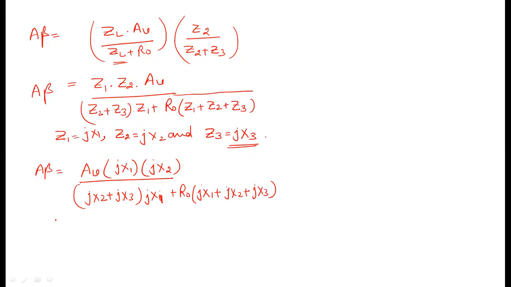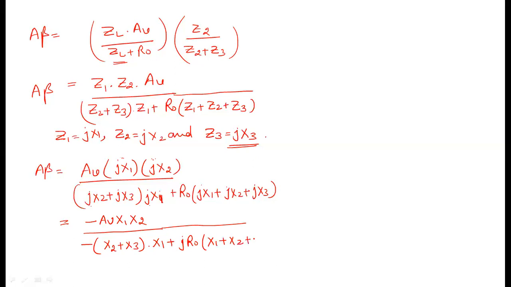Okay, we can write it again, since J into J is J square, that is equal to minus 1. So we can write it as minus AV X1 X2 divided by, again J into J gives minus, so again we have the minus sign, X2 plus X3 into X1 plus J R naught, where J is taken as common, into X1 plus X2 plus X3.